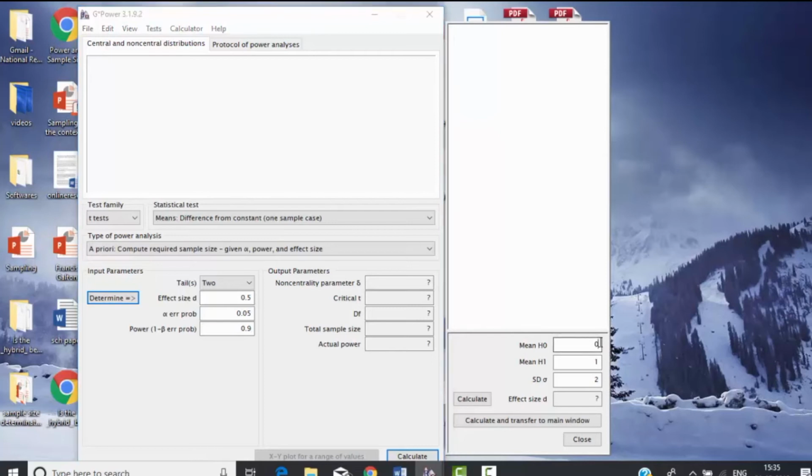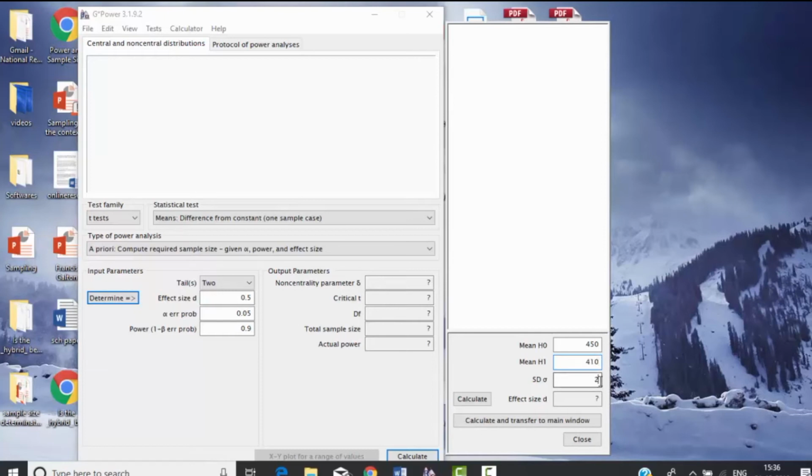Now the mean H0, that is the constant value that you had, is 450 hours. I am inputting the 450 hours, and the mean that we are thinking based on our own research, we put as 410.